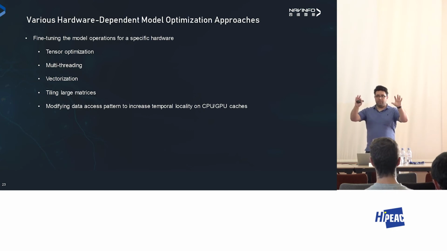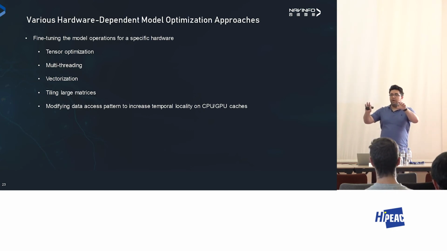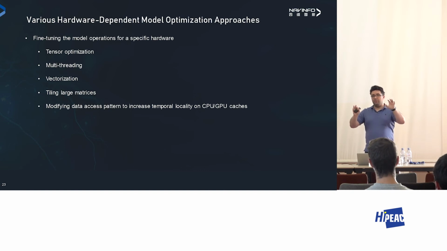You have a matrix multiplication to perform, but the way that you do it, either in a naive implementation or by breaking it into tiles, and then how the tiles should be broken down, what the dimension of each tile should be. Either you can use the vector instructions of the CPU, or if you have an architecture that supports vector implementation like SIMD instructions, or using multi-threading. So these are all helping to do so.